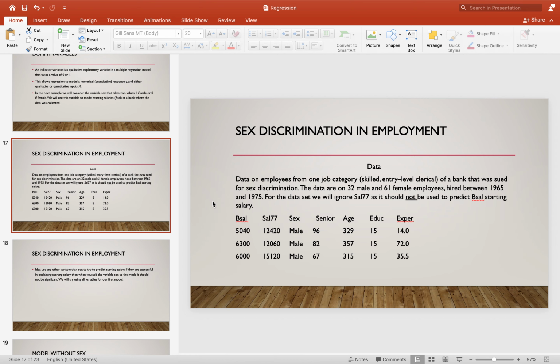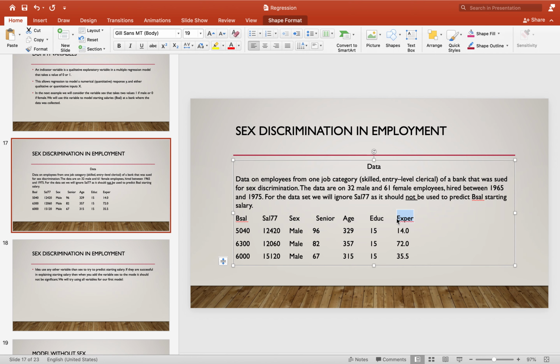So this data was taken at an actual bank, okay, in which there are 32 males and 61 females. And here's a brief little preview of the data. So we're going to model this base salary, starting salary, and we have variables of sex, seniority, age, education, experience.